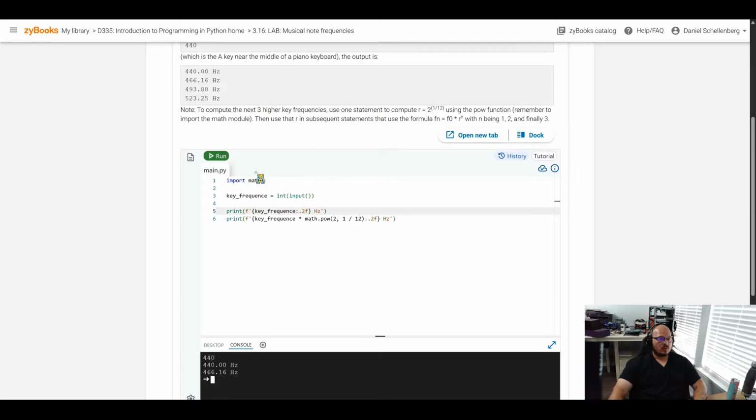R equals 2, okay, using the power function. Remember, so then use that R, and so it's going to be just from this.